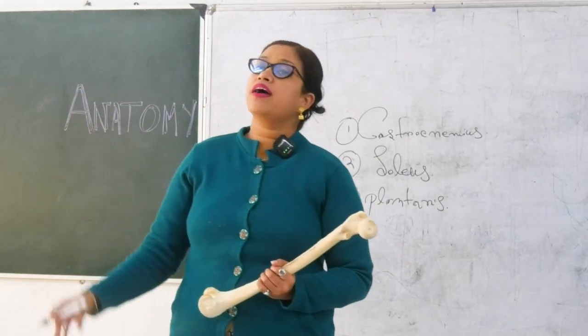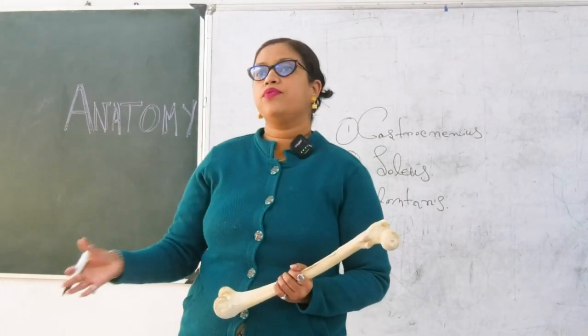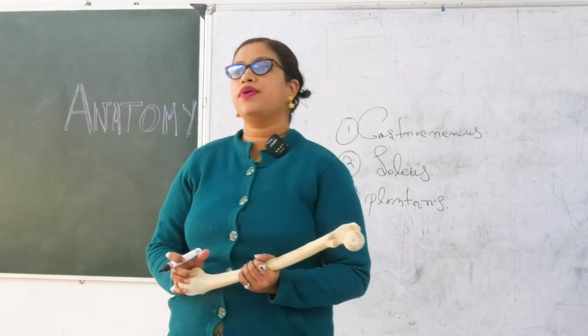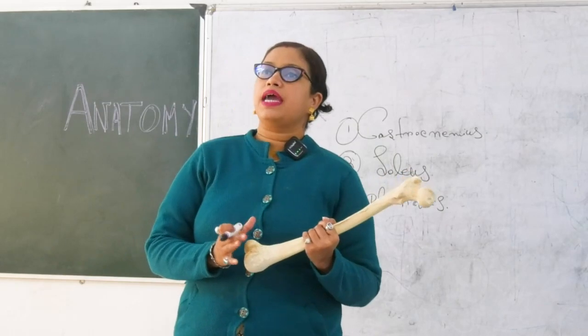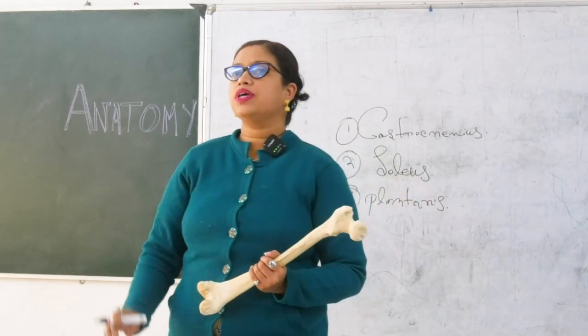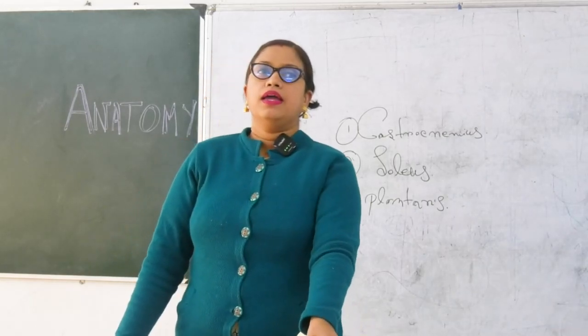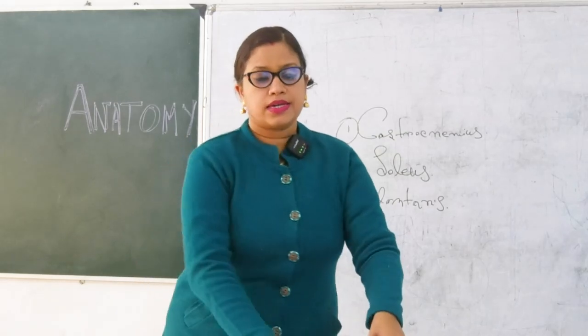In the upper limb, which one did we see as multipennate? Deltoid. Similarly we have the soleus, with a multipennate structure. That is the nature of gastrocnemius. Now we come to the insertion. Write it down, the insertion. Where is its insertion?